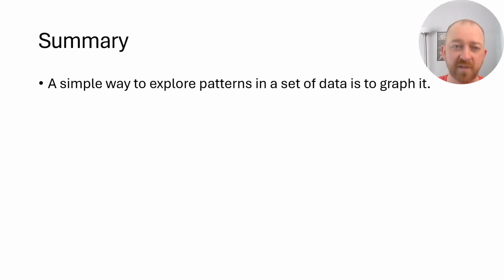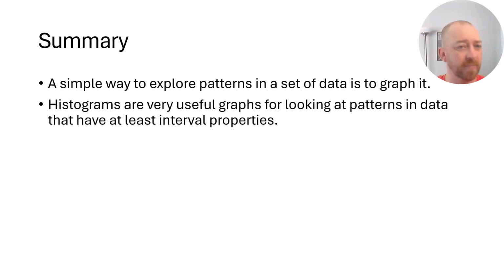Just a quick recap then of what we've done here is that graphing data is a very useful, very simple way to start to understand what are the underlying patterns within the data. Using a histogram, I can often tell you the rough approximate average and about how spread out those data are. So histograms are very useful for that kind of thing. A couple of points here: histograms are useless with categorical properties only.